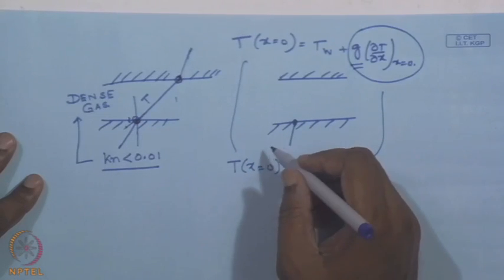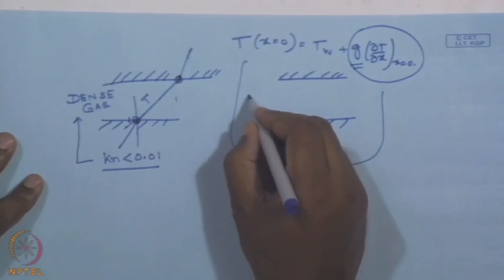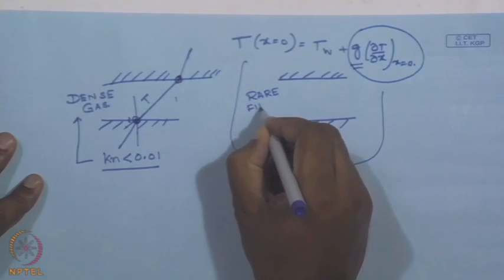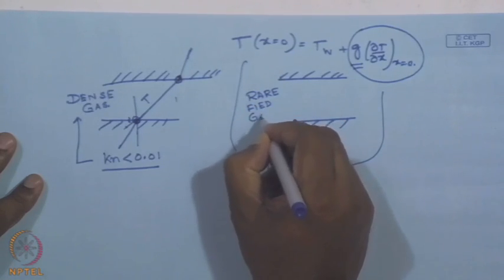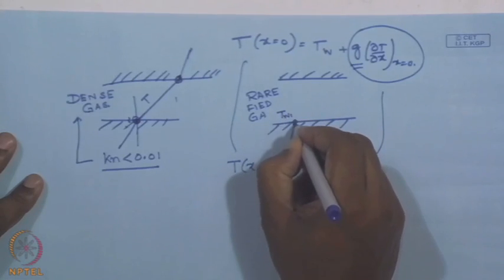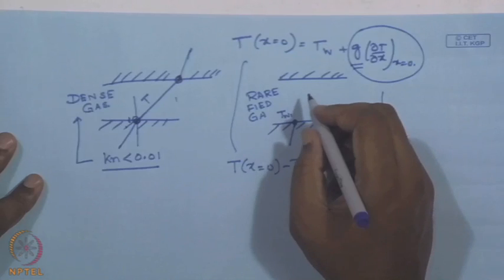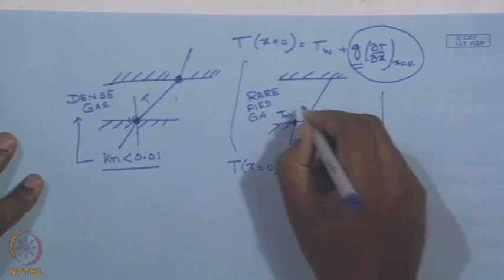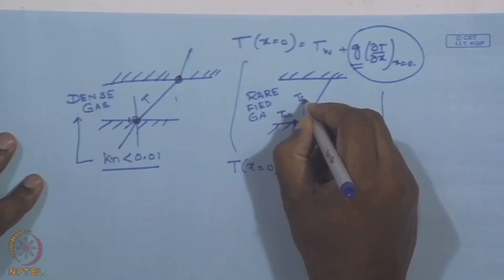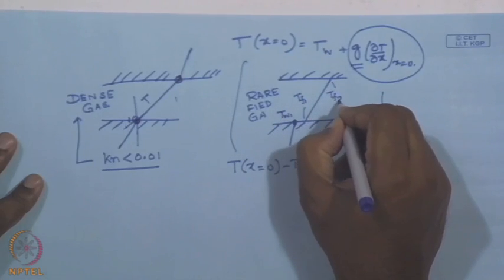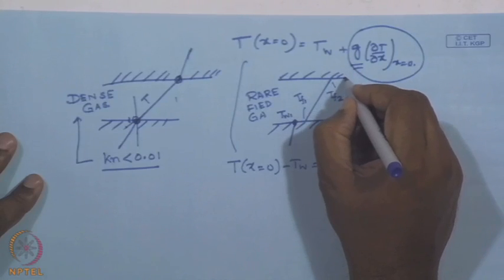On the other hand, if it is a rarefied gas, then what we find is that this is the temperature on the solid side of the interface, and then we have a temperature, this is on the liquid side of the interface, this is the liquid side interface at the other end, and here we have Tw2.